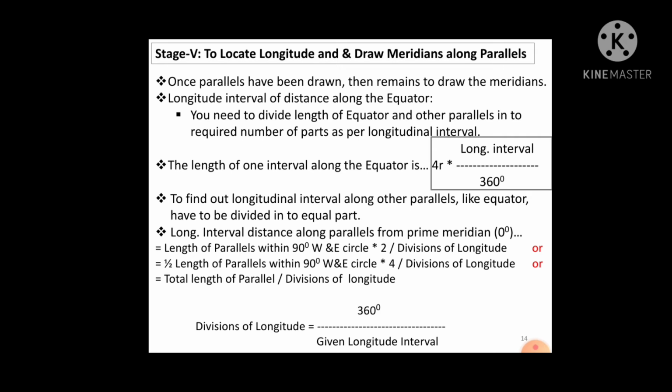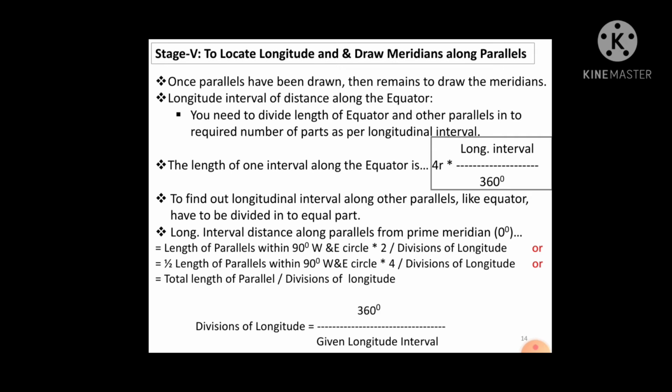Now how to find out the division of longitude? The division of longitude is equal to 360 divided by the given longitude interval. For example, the 30-degree longitude interval is given in our example. So if you divide 360 by 30, you will have one figure, and that figure is nothing but the interval of divisions.